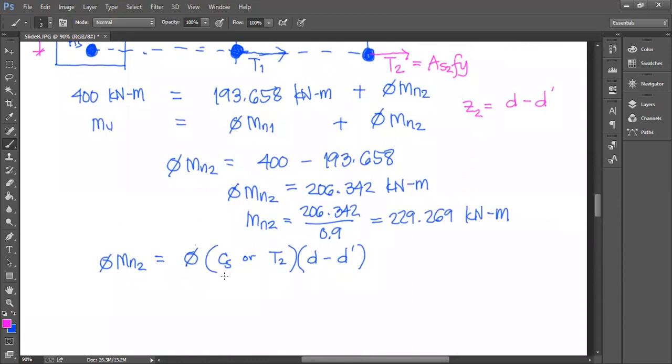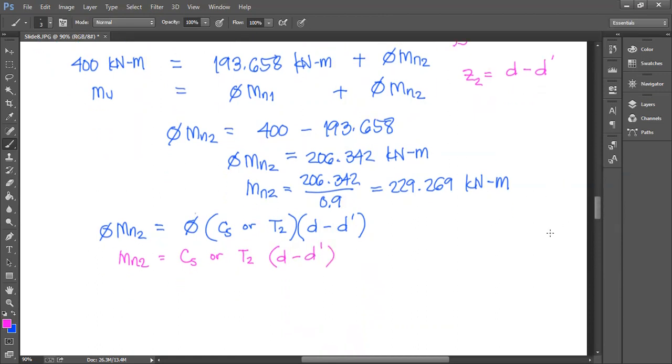Our Mn2, if you do not want phi, we can also say that Mn2 is just equal to the compression of steel or T2 multiplied by d minus d prime.